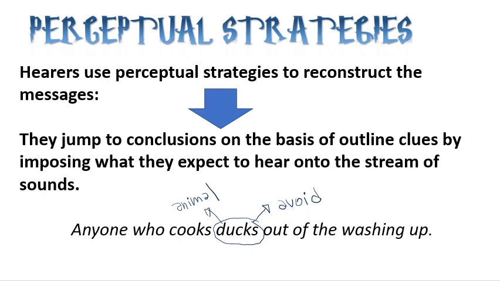Do you see? So this jumping to conclusions, this hypothesis that you make in your mind when you're reading or listening to something, sometimes leads you to the correct meaning. And sometimes, as you see, they are very dangerous because they lead you to a misunderstanding.